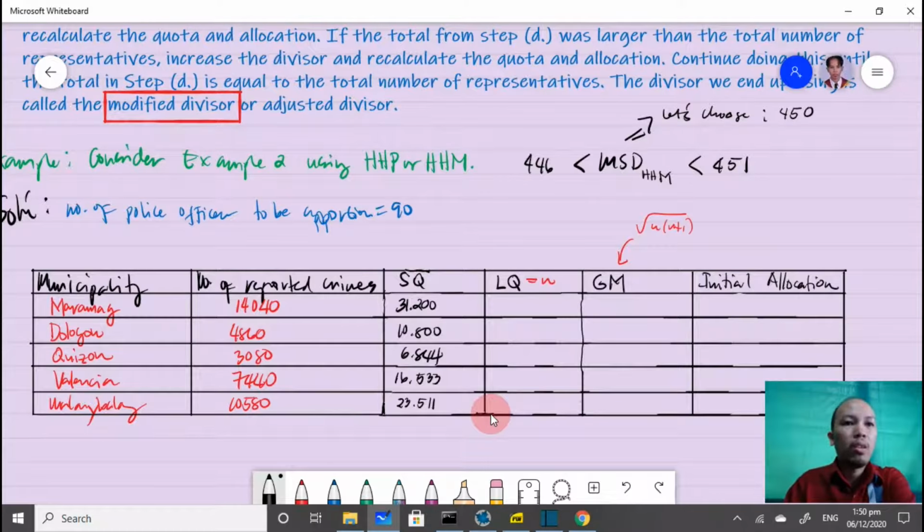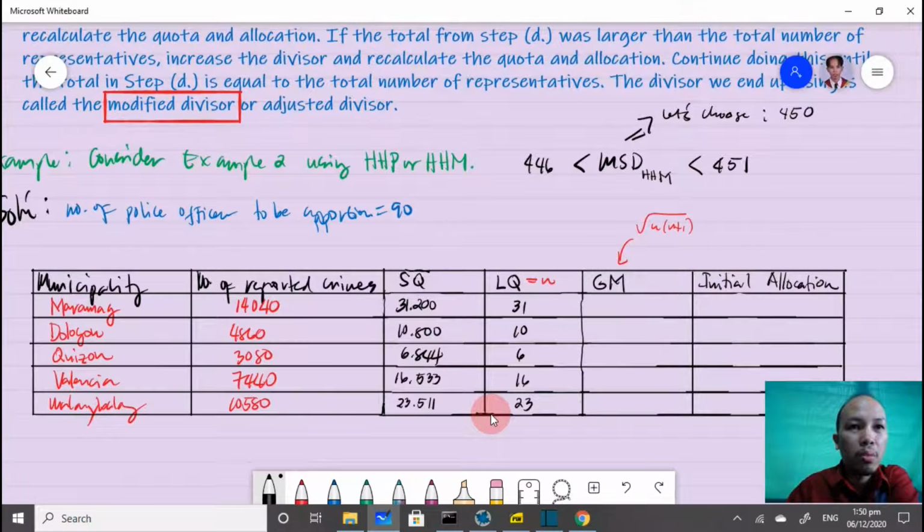Okay, so in step 3 we round down here. This is 31, 10, 6, 16, and 23, and this is your n.